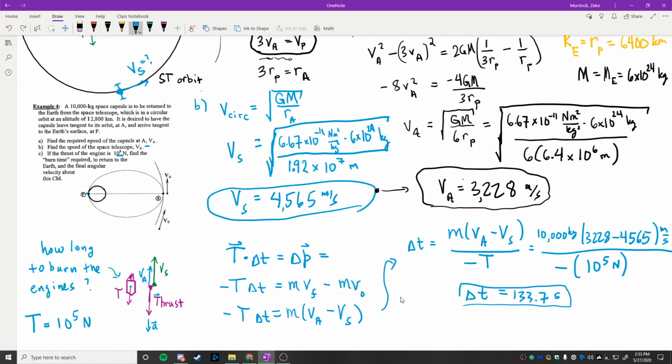Because if it wasn't for that, the object would just keep going around in the same orbit over and over again. It's the fact that it gets close enough to the Earth that allows it to have its orbit decay. And that's the way in which, in the earliest times that we sent people into space, like the first person that orbited the Earth, they put him up into a very, very low Earth orbit.